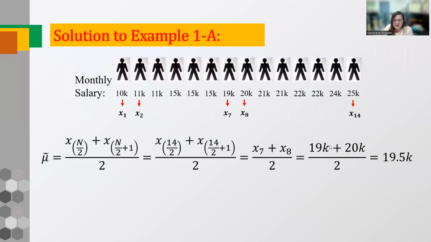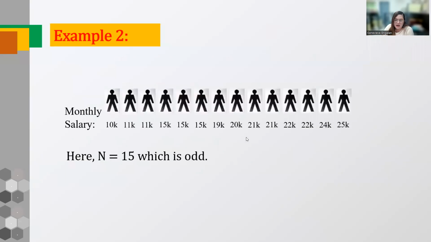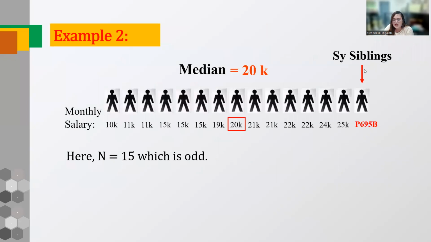So the 7th and 8th, 19K plus 20K divided by 2, which is 19.5K. Our median is around 20K, with 7 on the left and 7 on the right, which is a good representation because it is close to the values of most.